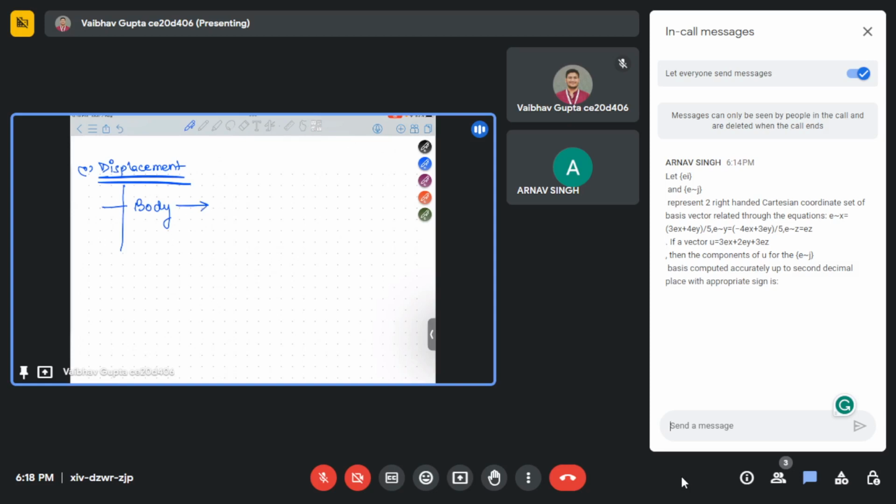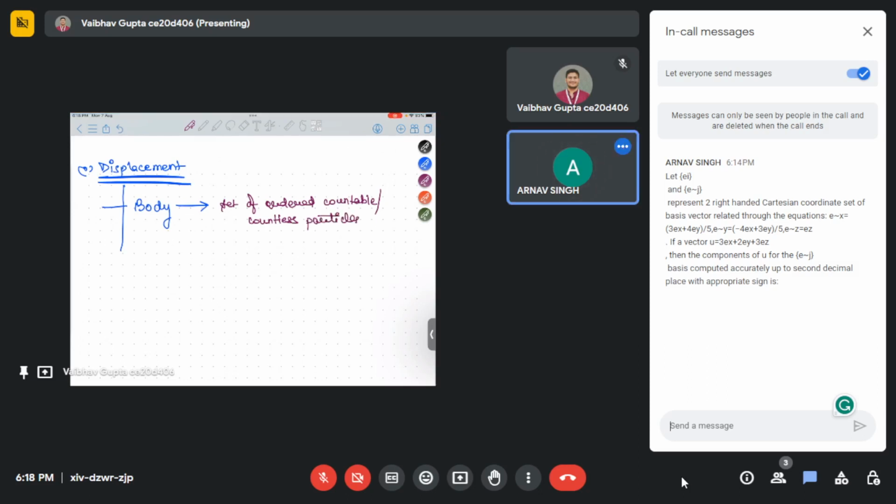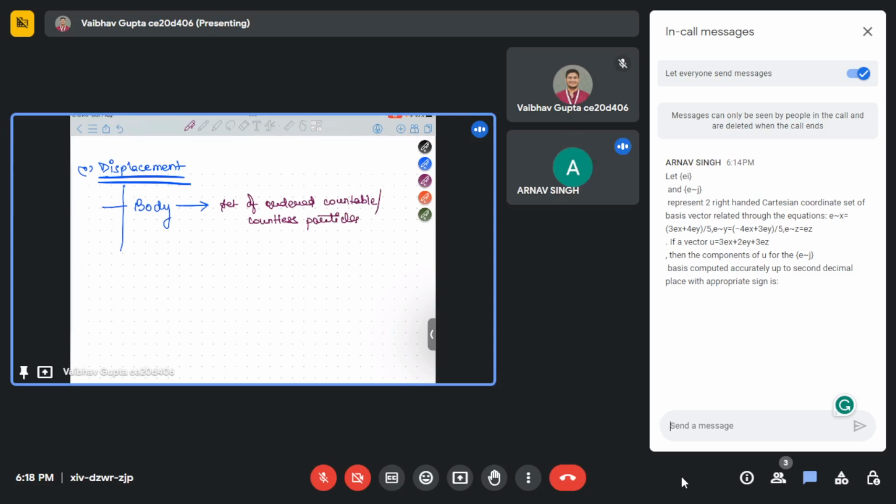So a body is nothing but a set of ordered, countable or countless particles. So here these three words are there: what is countable, what is ordered, and what is countless?